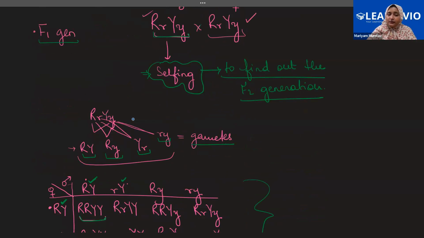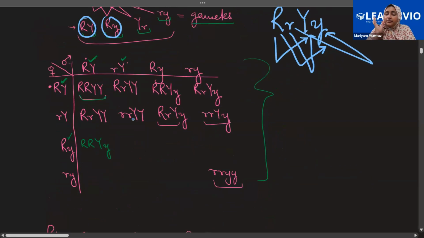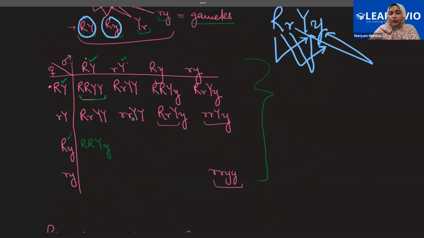The gametes here will be capital R, capital Y, the first gamete, then capital R, small y, then small r, capital Y, then small r, small y. So this is how we take out the gametes. And then we make a Punnett square with them, wherein we write one set of gametes on the top and one set of gametes on the side, and then we do the crossing.